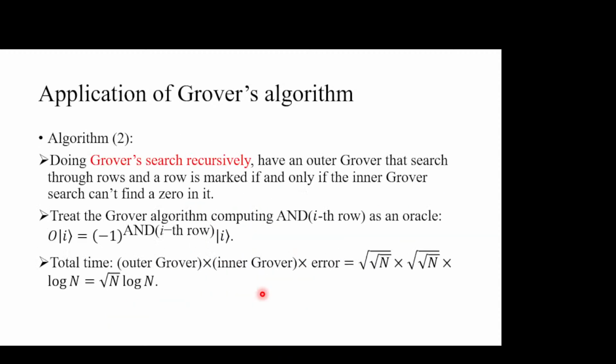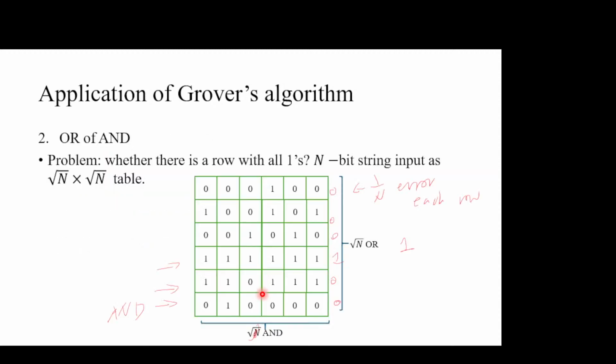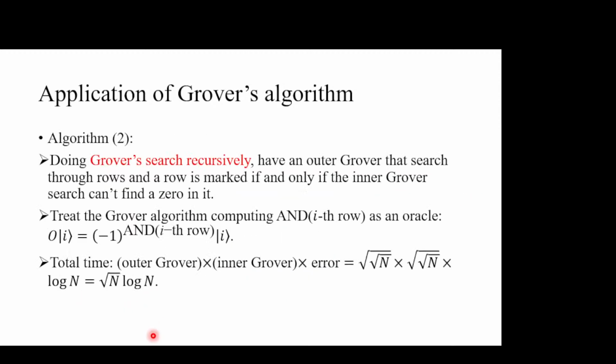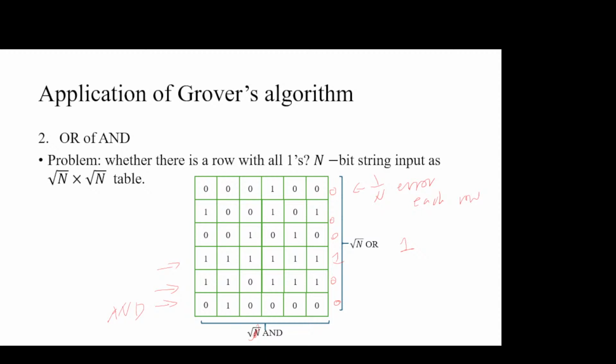You have an inner Grover search that calculates this AND function, and you use this to mark a row. This whole inner Grover search sub-algorithm, you think of as an oracle. You can think of this whole Grover search as a quantum algorithm, and you can always view a quantum algorithm as an oracle, right?